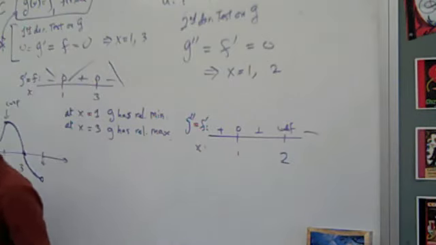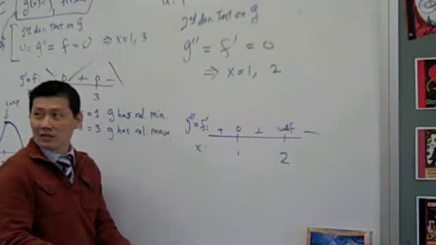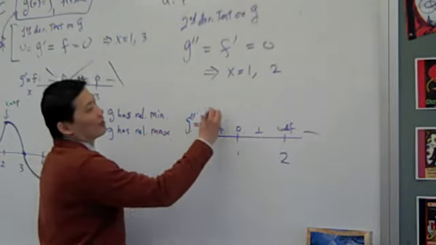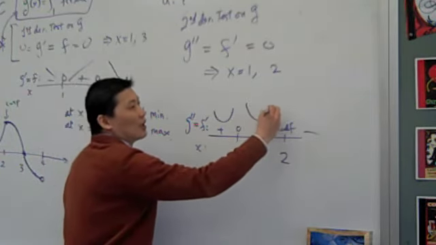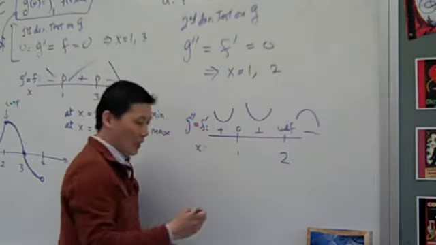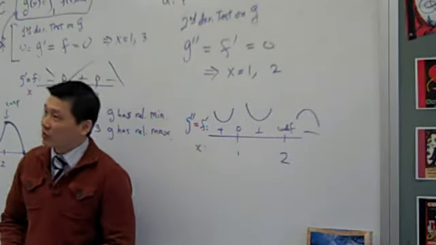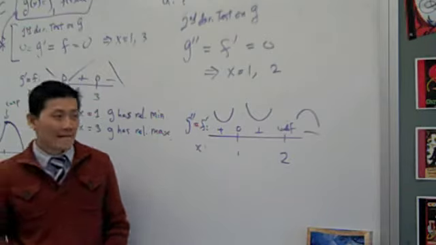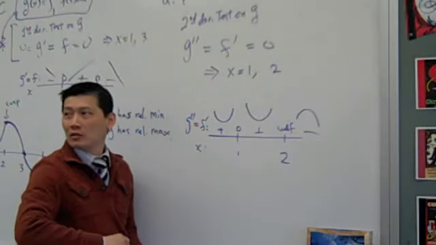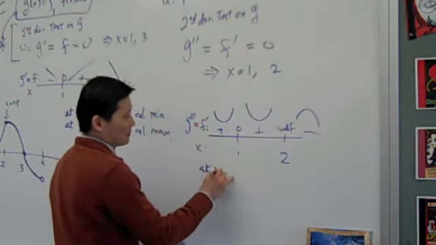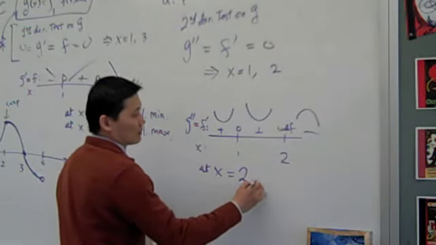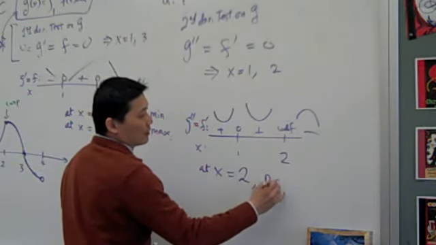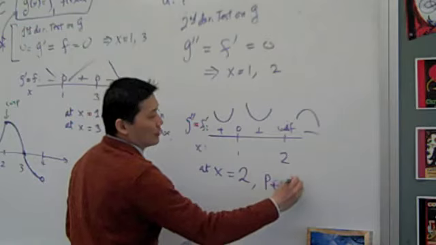Now, instead of drawing rise and fall, what do I draw now? Concavity. So this is concave up, concave up, concave down. And the point of inflection is where? 2. X equal to 2. Point of inflection.